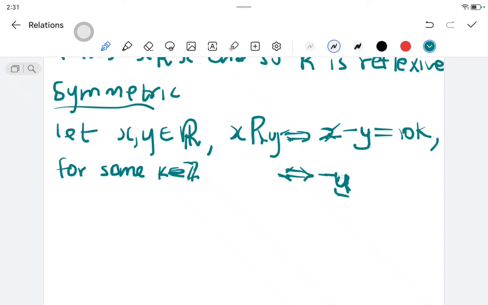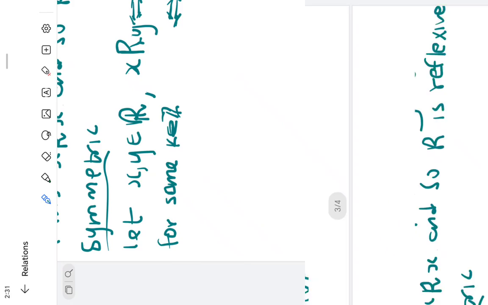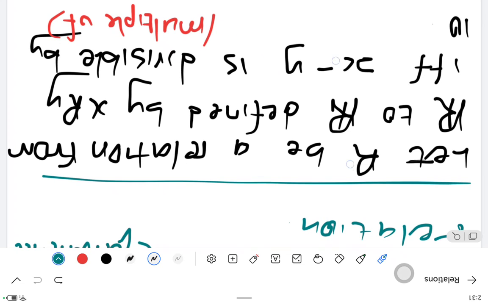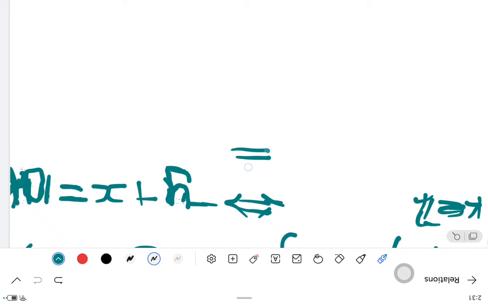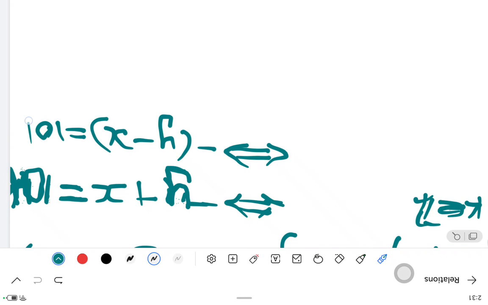So this will be negative of y minus x, which is equal to 10k.